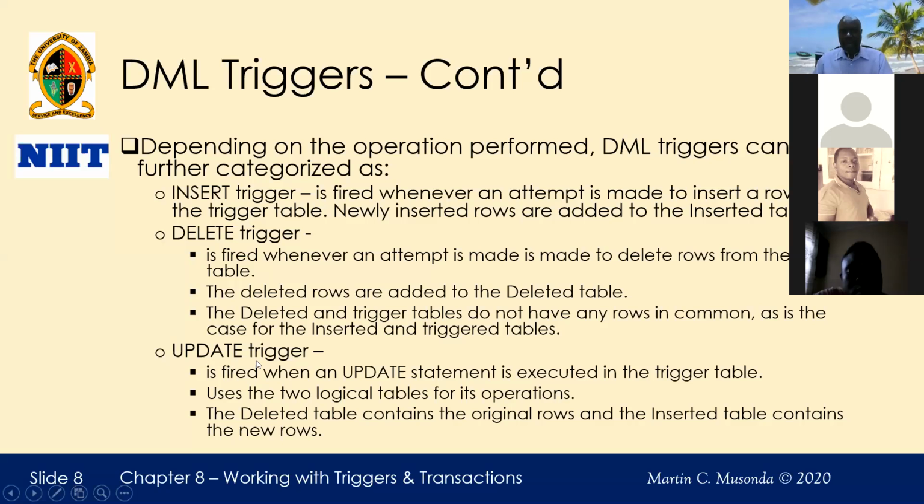Update triggers are fired when an update statement is executed on the trigger table. The trigger table is a table to which a trigger has been assigned. Update triggers use the two logical tables for their operations. The deleted table contains the original rows and the inserted table contains the new rows.